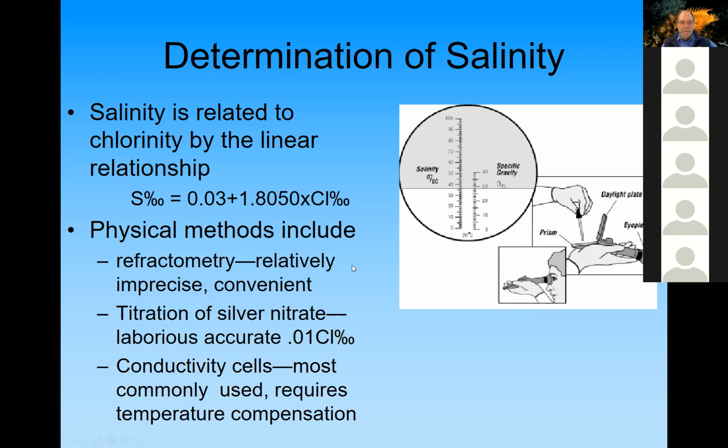So a physical method for measuring salinity would be refractometry. What do I mean by refractometry? Well, refraction occurs when energy, such as light, passes through a medium, and if the light passes through media of two different densities, then there's a change in the speed with which the light can pass through, and that change in speed causes a refraction.